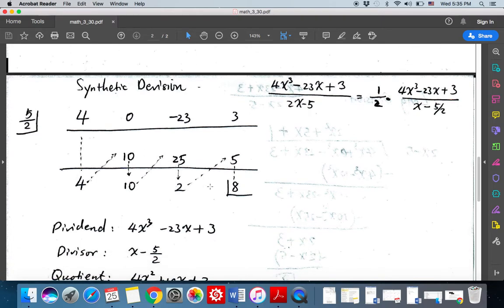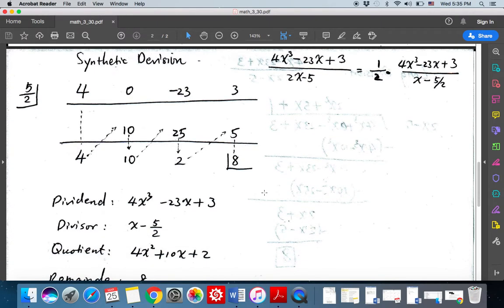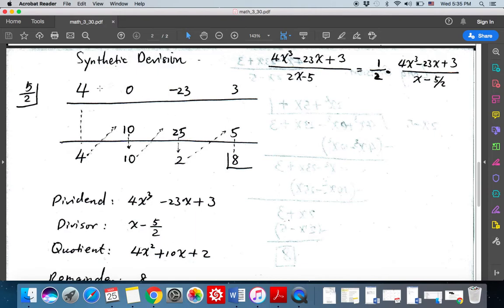So how to read the results from synthetic division? Our dividend, these numbers are the coefficients of the terms in the dividend in decreasing order. So the dividend is going to be 4x cubed minus 23x plus 3.